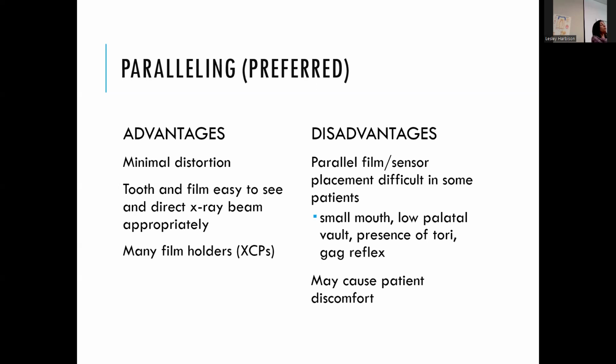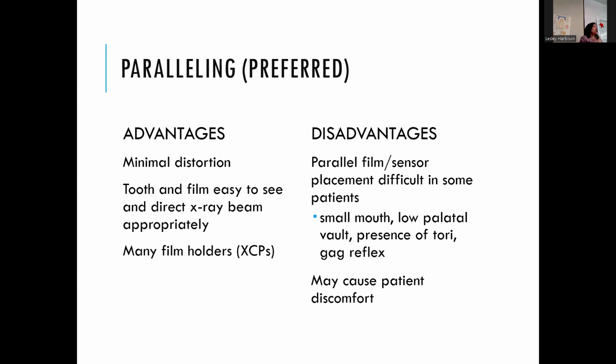So if you have to move your sensor more to the midline because the vault of the palate is higher, you have more room once you get farther away. Or, if you're on the mandible, say there's big tori, and you have to move away from the tooth, you're going to get a little bit more distortion.